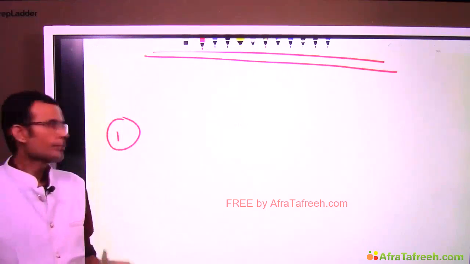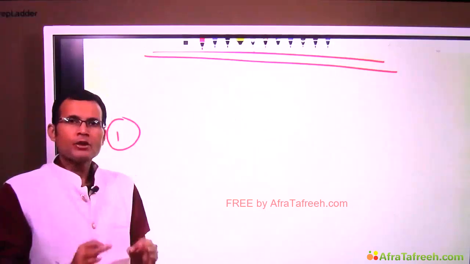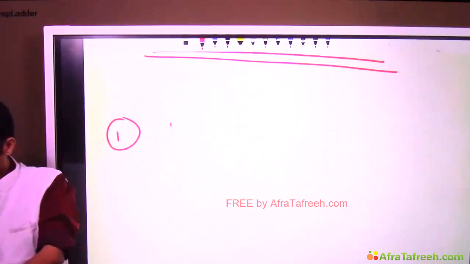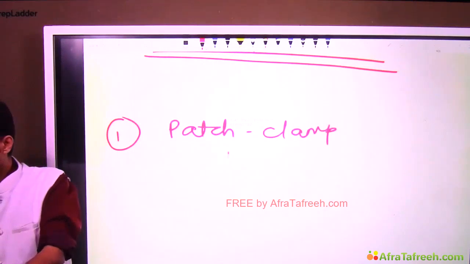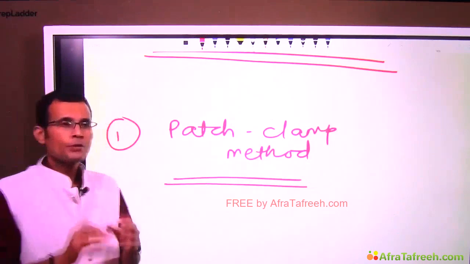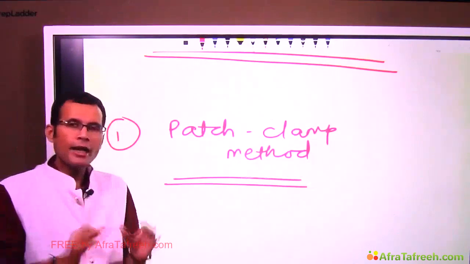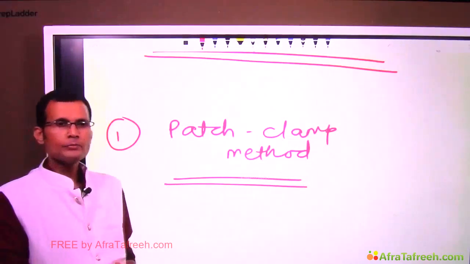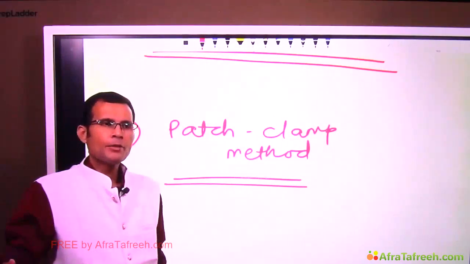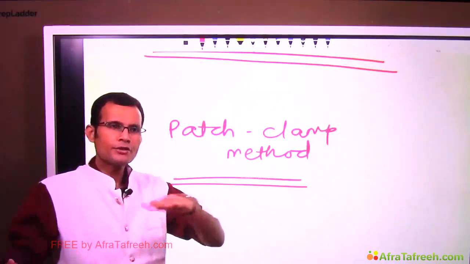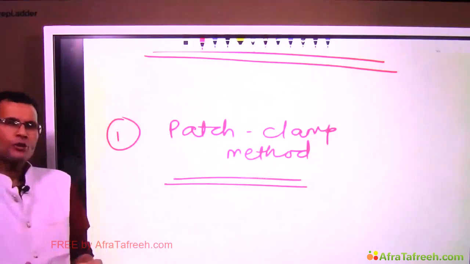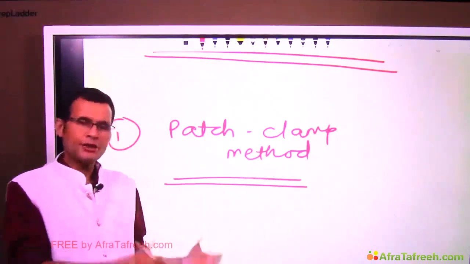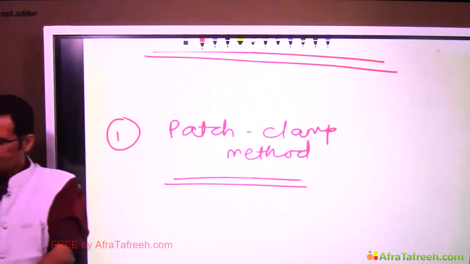So please remember, patch clamp technique or method is used for study of a single ion channel and the currents going through a single ion channel. Voltage clamp technique is used to study the voltage changes across a membrane, and cathode ray oscilloscope is the instrument that records the action potential from a nerve.